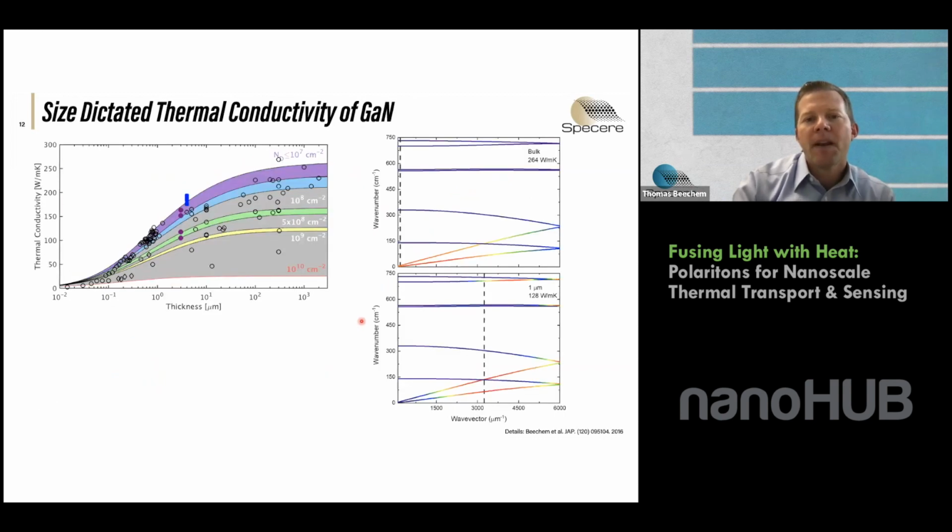And so the question becomes, has anybody ever seen this before? We plotted the thermal conductivity as a function of thickness for about every gallium nitride publication that I could find since people started reporting the thermal conductivity of gallium nitride.